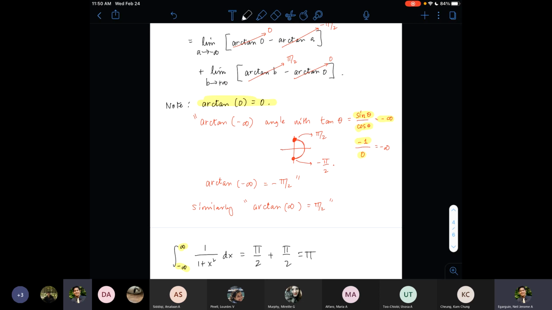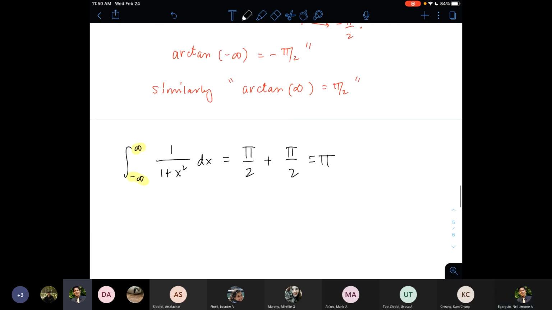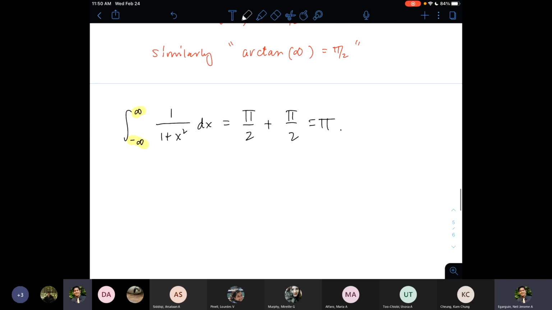So this is equal to pi, okay? So, okay, there we go. So we get a finite number. Pi is a constant, 3.14159265 and so on. So we say that the improper integral is convergent, and its value is equal to pi.